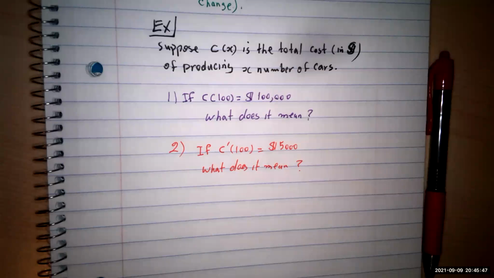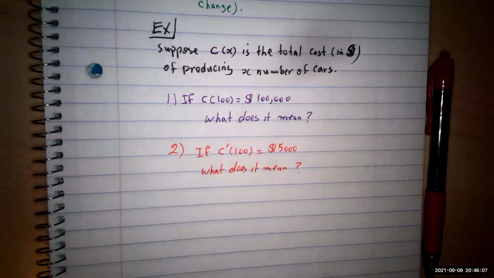So if they say C of 100 is $100,000, what does it mean? Any suggestion?